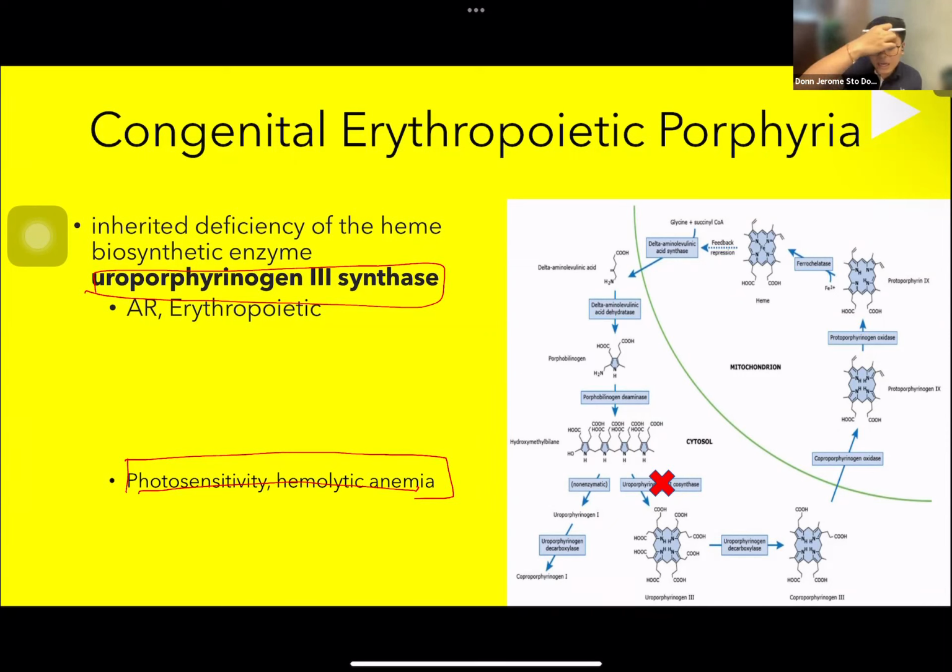Danica? Ano po yan? Why would patients with congenital erythropoietic porphyria develop photosensitivity?